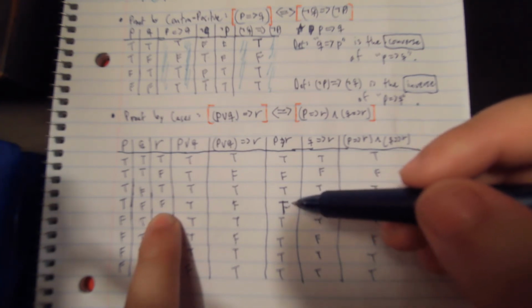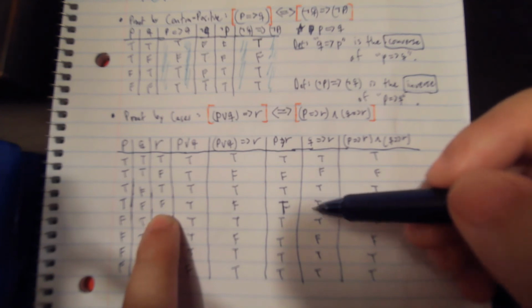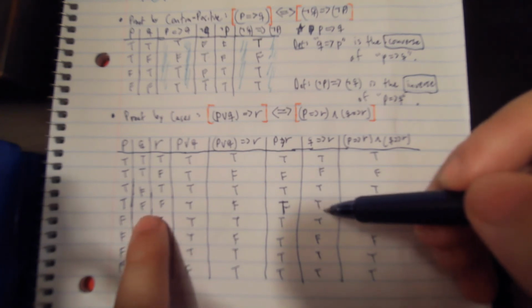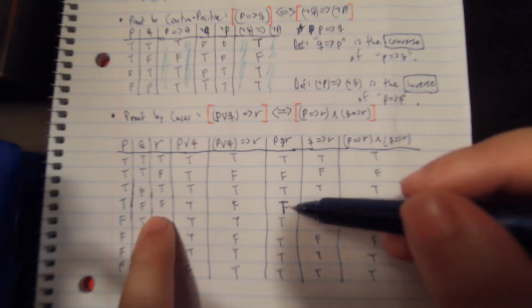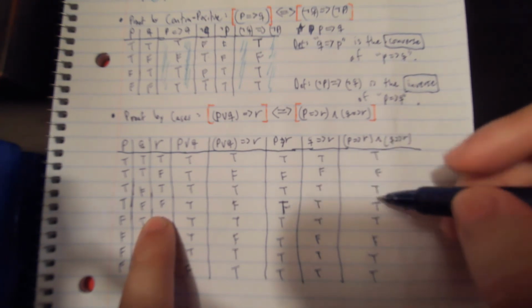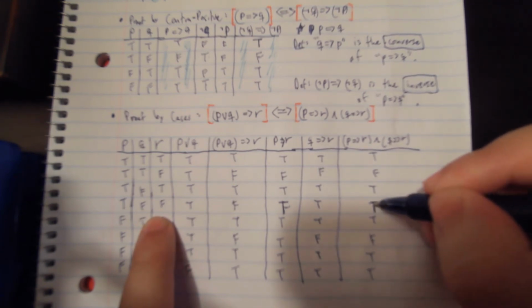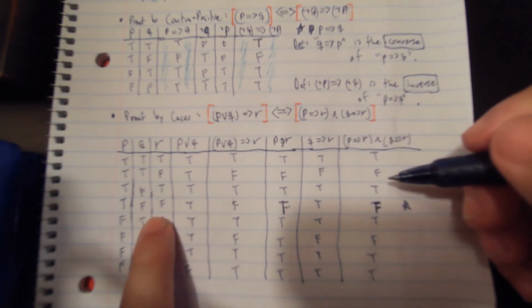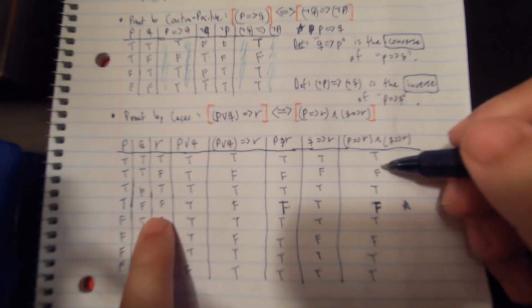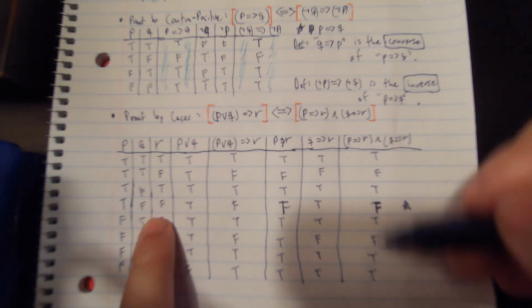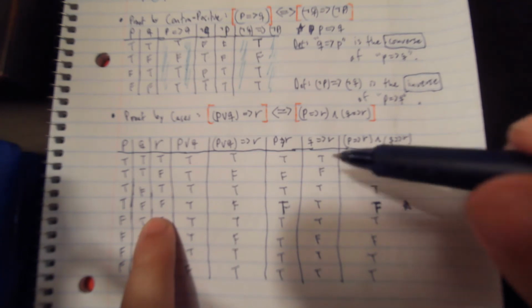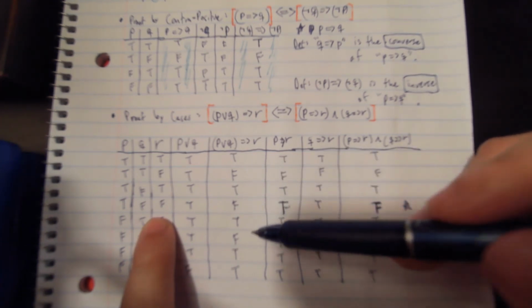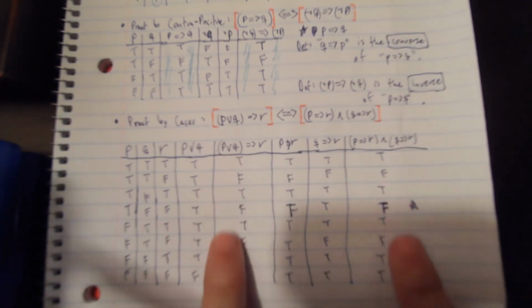Because if this one's false, I got this one fine, right? But because we're looking at and over here, if this is false and that's true, then this needs to be false. So now this column, true, false, true, false, true, false, true, false, true, false, true, false. Yeah, now these two columns do match.